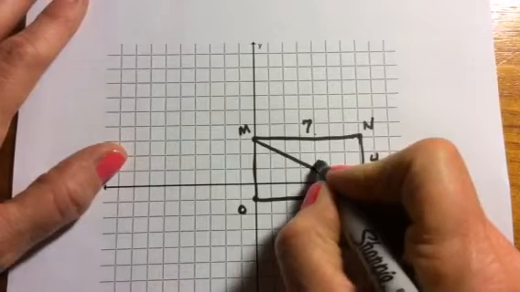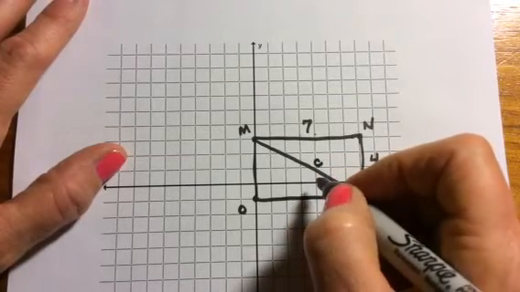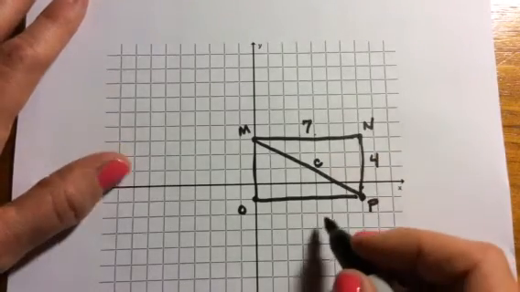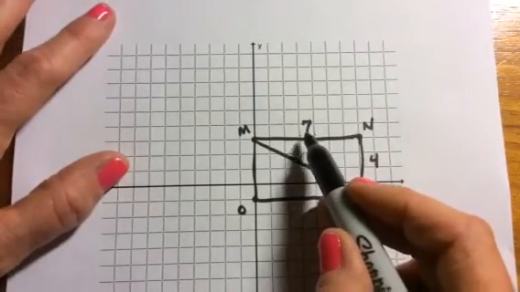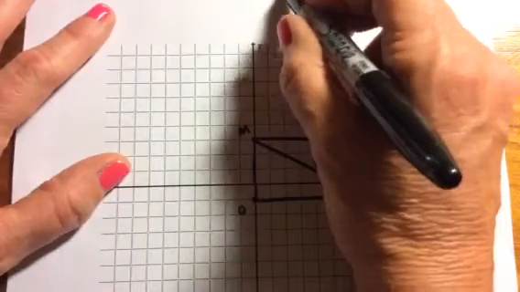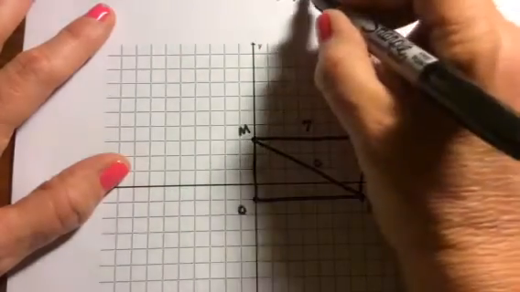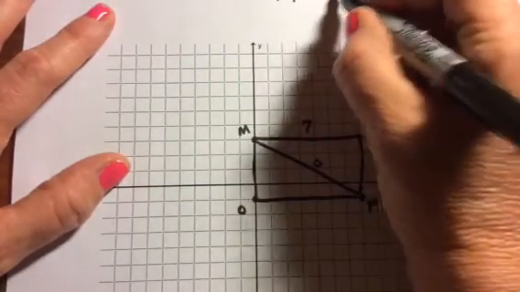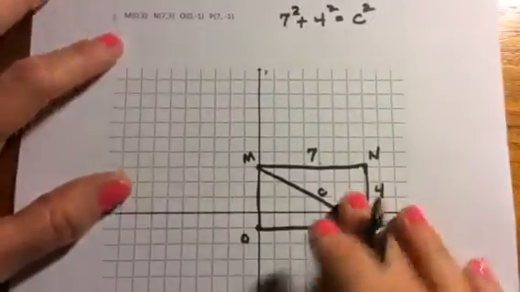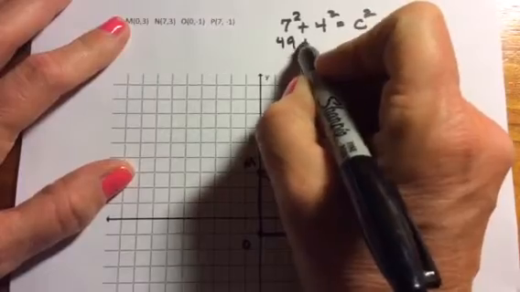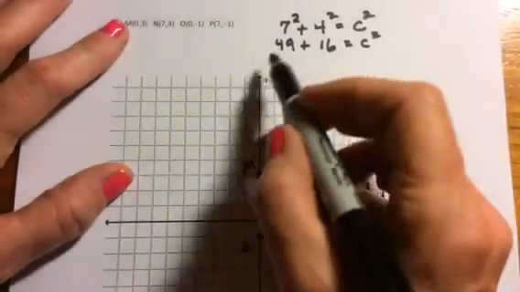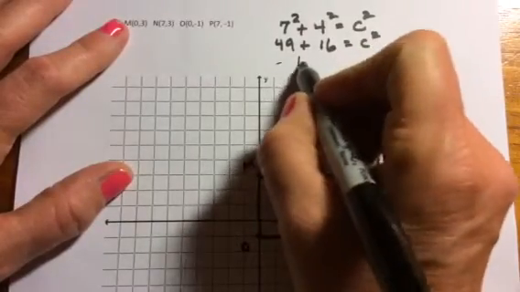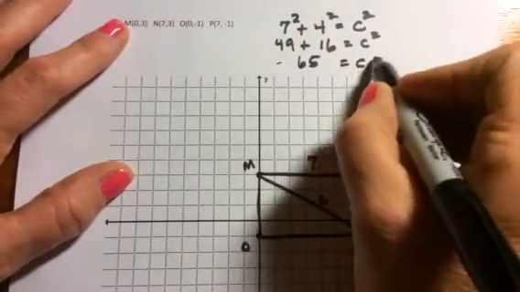And so we are trying to find the length of the hypotenuse, which is c. So again, we're going to look at this and say that we've got 7 squared plus 4 squared equals c squared. And that's going to be 49 plus 16 is equal to c squared. And when I add these up, I would get 65 is equal to c squared.